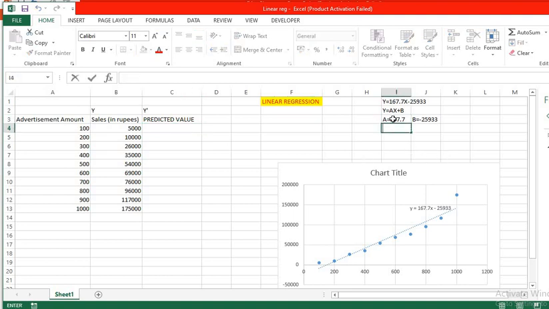So I'm taking the values and writing the values separately, the a and b values.